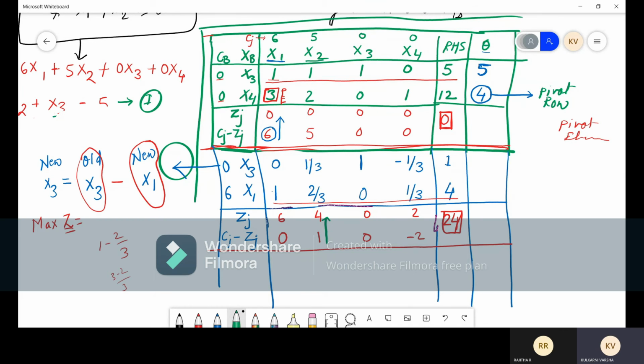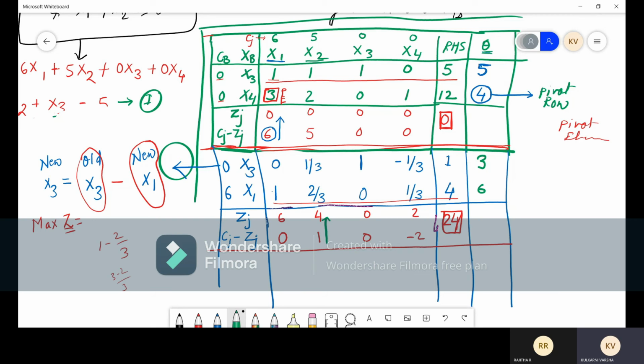So to find that out, what will we use? We'll calculate the theta, right? How will we calculate theta? RHS divided by the corresponding elements of the entering variable. So RHS is 1 divided by 1 by 3, so that will be 3. And here 4 divided by 2 by 3. That means 4 3s are 12, 12 by 2, 6.